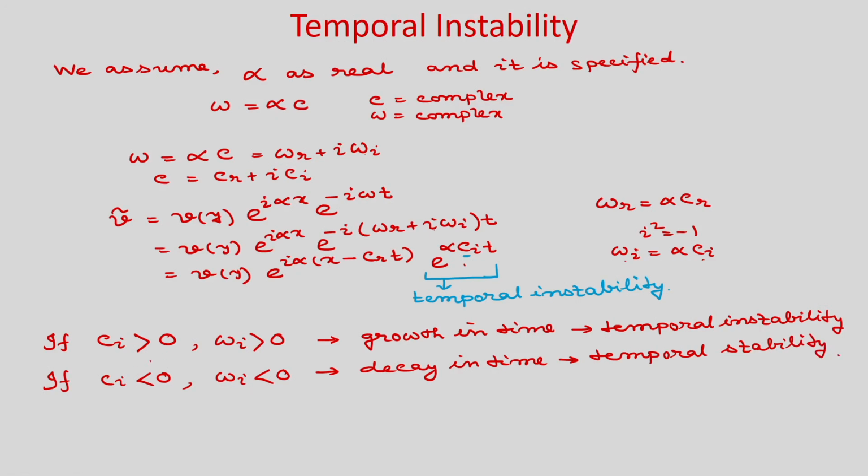Okay. So, you can see that temporal analysis predicts behaviors as t tends to infinity for given initial disturbances of alpha, where alpha r is not equal to 0 and alpha i is 0, because we have assumed that alpha is real.